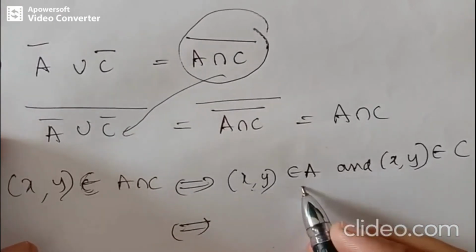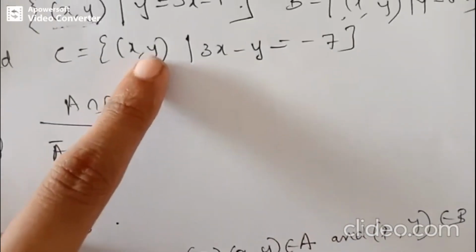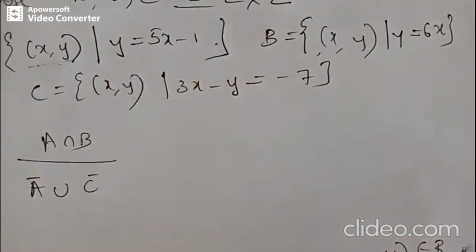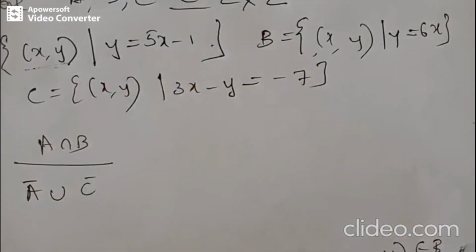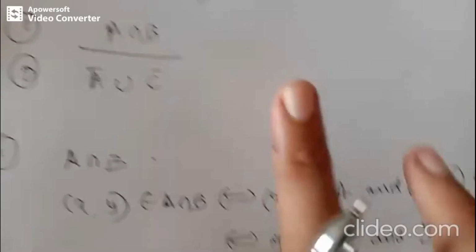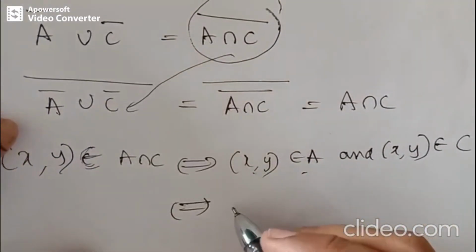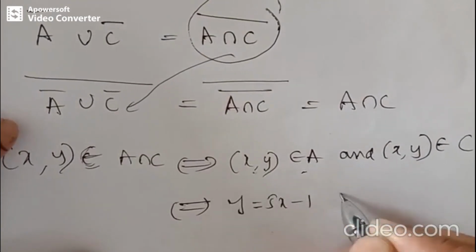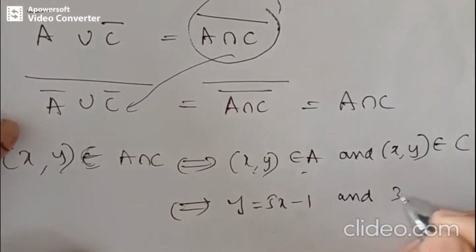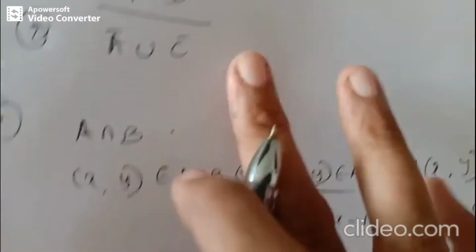So once we know that the ordered pair belongs to A, we can substitute this condition, that is y is 5x minus 1, and similarly when we know that the ordered pair belongs to C, we can substitute this condition. So here I will be writing x comma y belongs to A means y is equal to 5x minus 1 and 3x minus y is equal to minus 7, as per this condition.